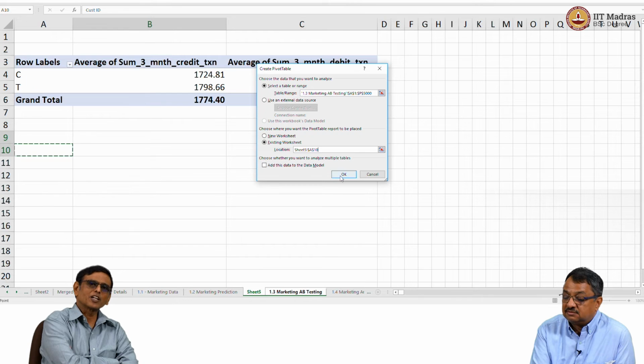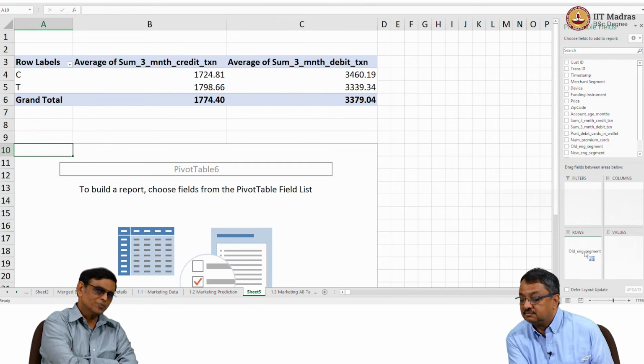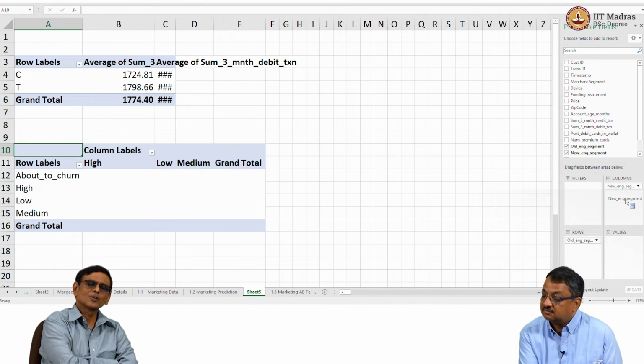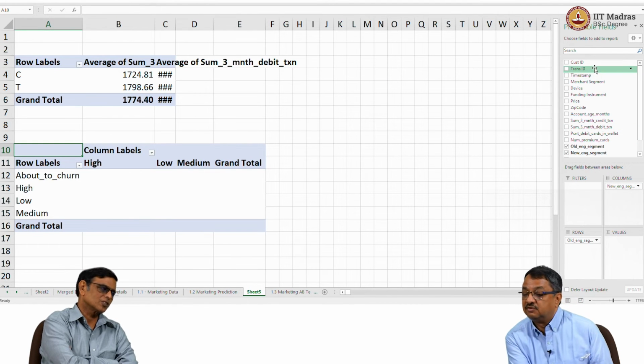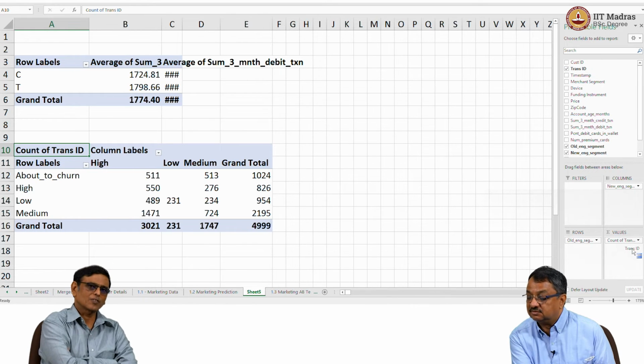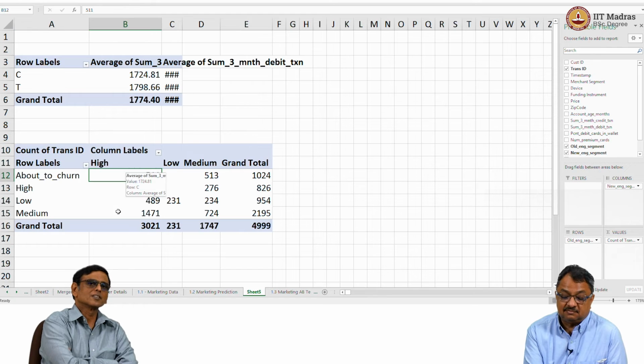Right now, at least let's create, as you said, a table, with row being old engagement value and column being new engagement value, and count of transactions.